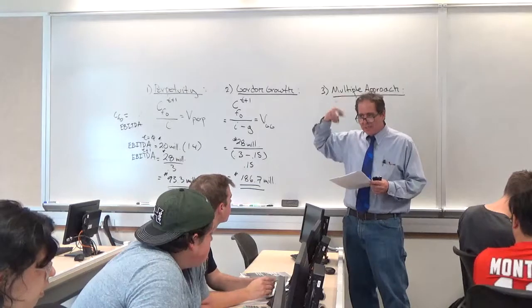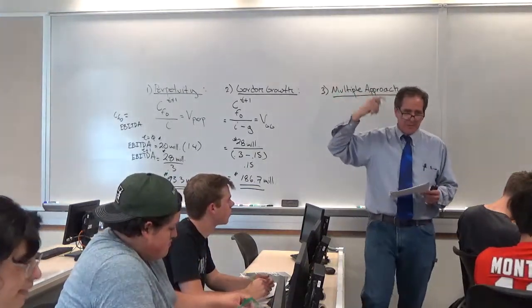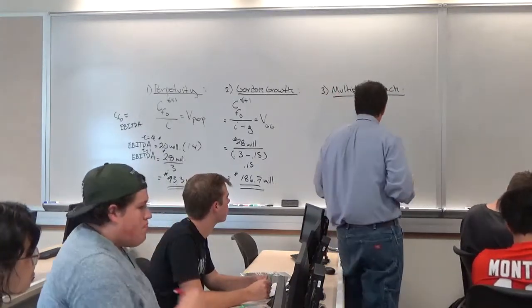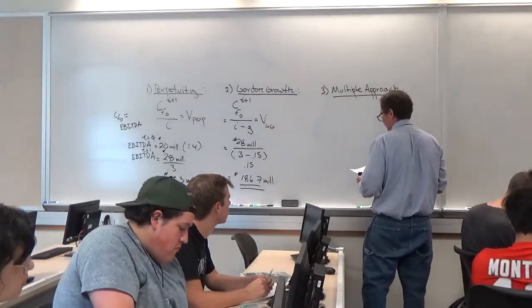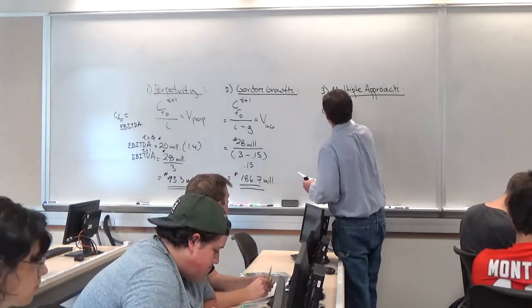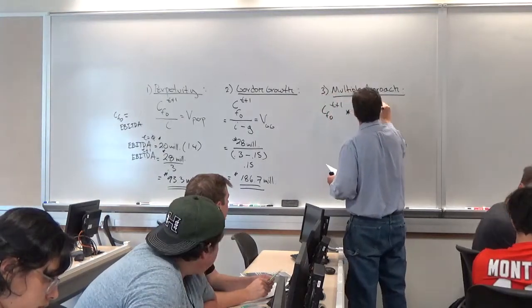Investment bankers, private equity bankers, the finance people are always thinking in cash flow multiple terms. So what's the multiple equation? Cash flow T plus 1 times multiple T plus 1 equals the value of the multiple approach.